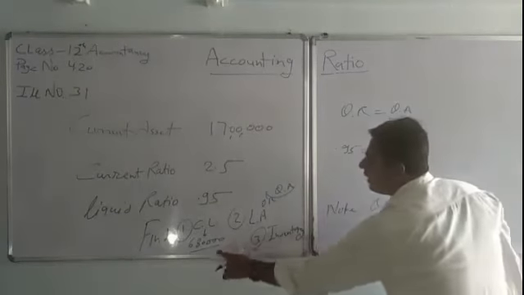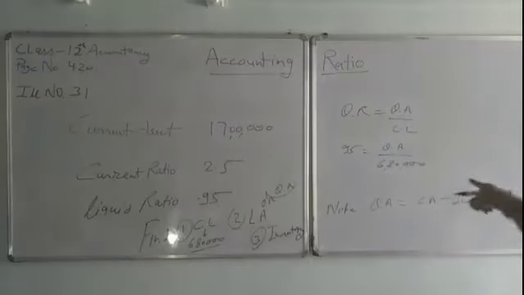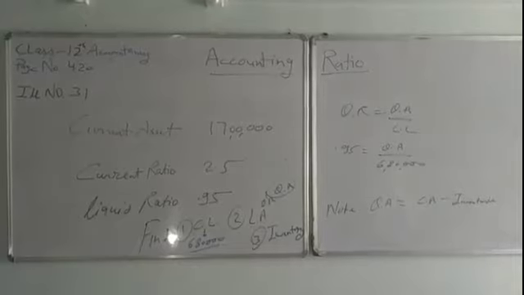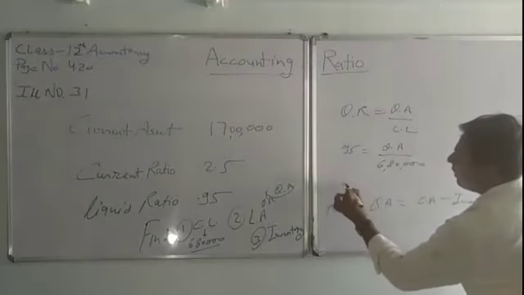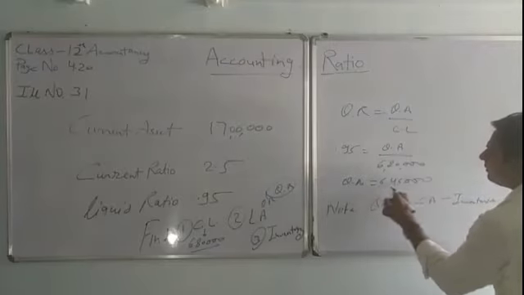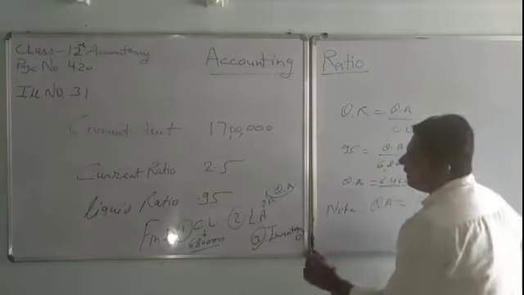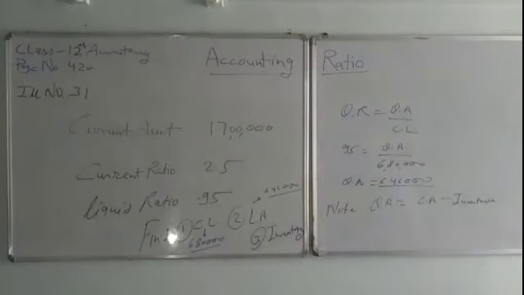Current liability we already know, 6,80,000. If we multiply 6,80,000 with 0.95, we get 6,46,000. So our quick asset will come 6,46,000. That is our quick asset that we got.